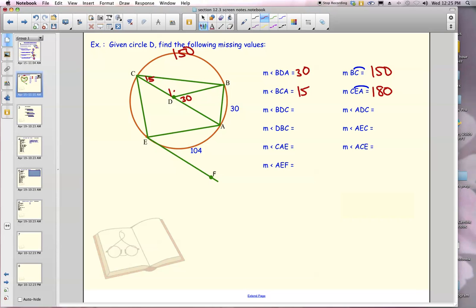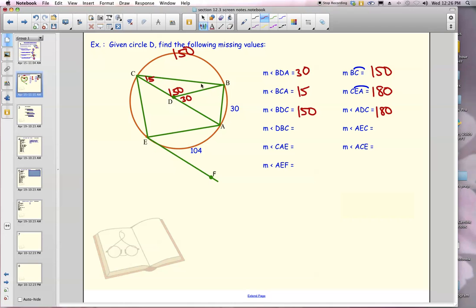So either way, it's going to be 150. Either because it's equal to its central angle or because it's supplementary to the 30. So BDC would be 150. ADC is an angle that goes all the way across. So that would be 180 degrees.